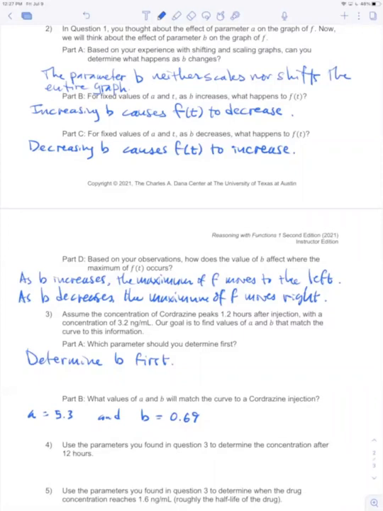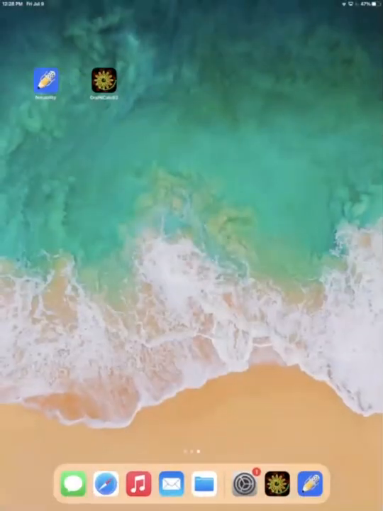Part 4, use the parameters you found in question 3 to determine the concentration after 12 hours. Okay, so what we're looking for here is, I'm just going to write this down. We have 5.3 times 12 over 0.69 times 12 squared plus 1. So that's what I'm going to enter into the calculator.